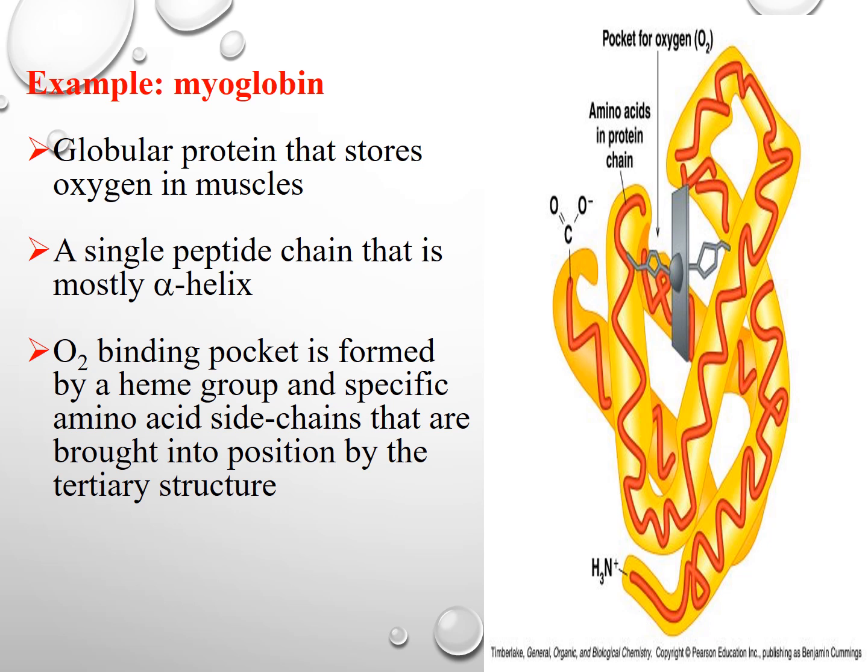In the myoglobin molecule, there is repeated overlapping of mainly the alpha helical structure. The oxygen binding pocket is formed by a heme group and specific amino acid side chains that are brought into position by the tertiary structure. So myoglobin contains the tertiary structure of a protein molecule, and it is included among the globular proteins.